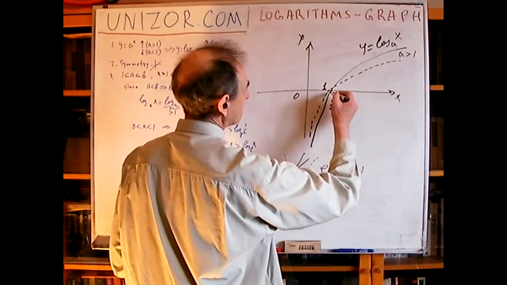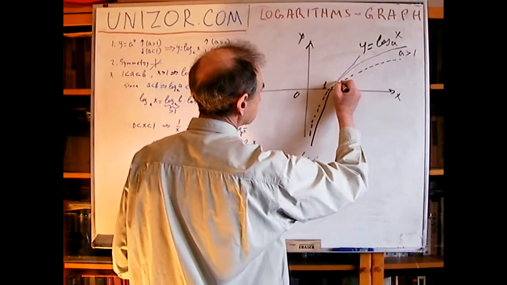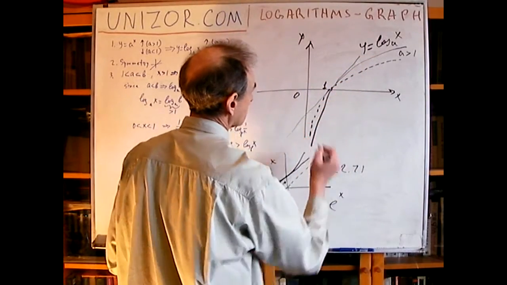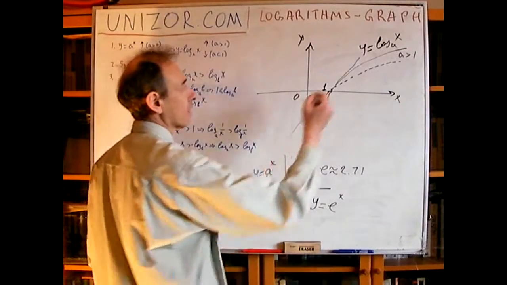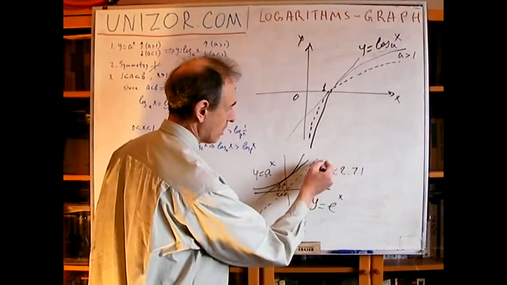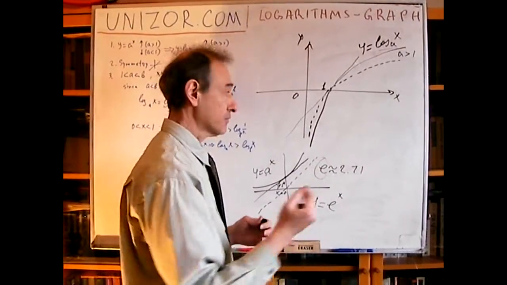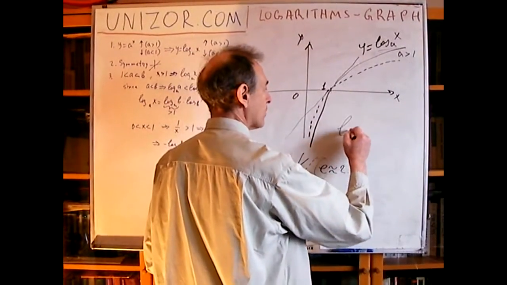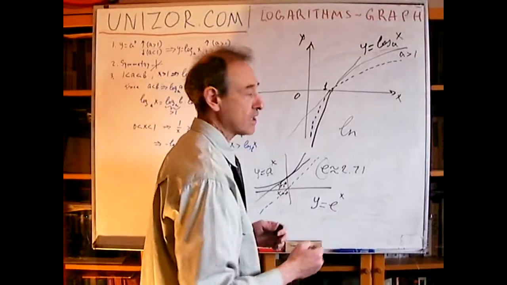So if I have a tangent here for the logarithm which is based on the same number e, and if you remember I called it the natural logarithm, and there is a special notation for this.